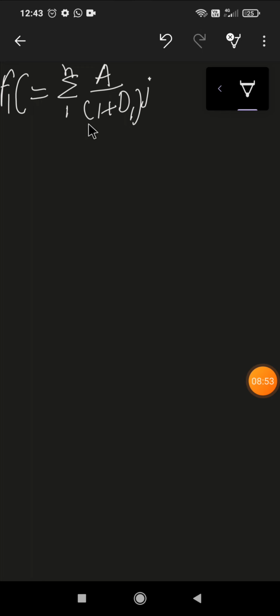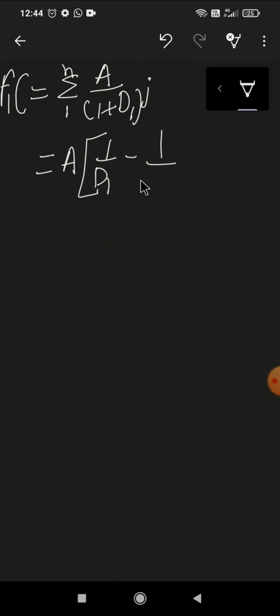If we expand this term, it becomes a into the bracket 1 upon d1 minus 1 upon d1 into (1 plus d1) raised to n1, plus extra terms which we can neglect.